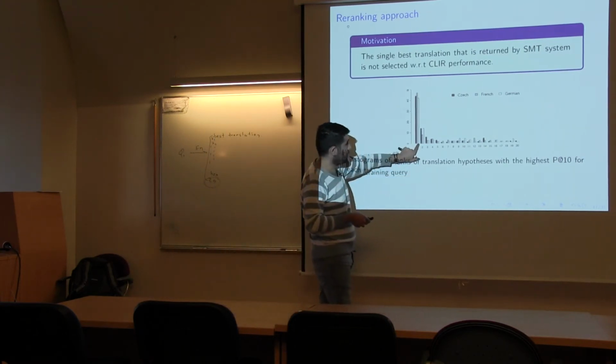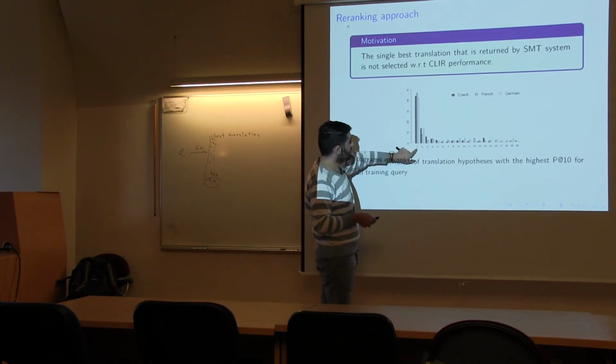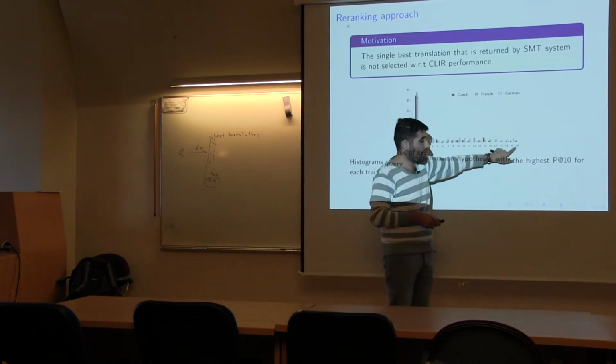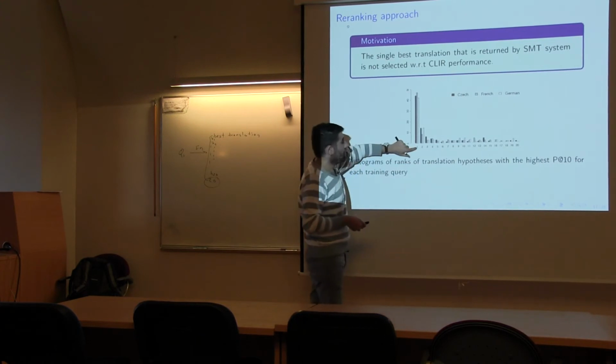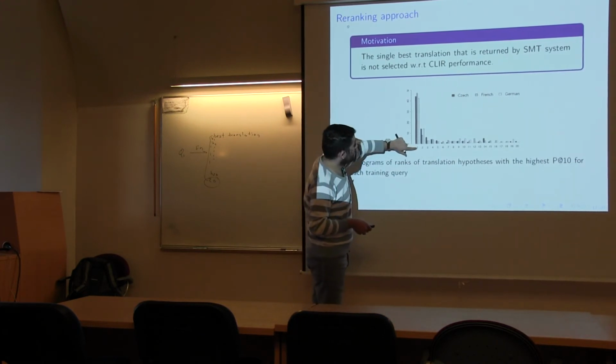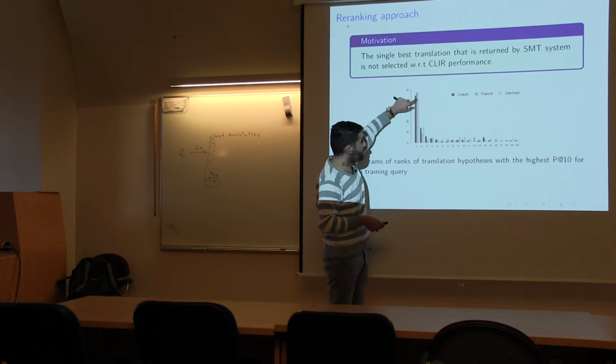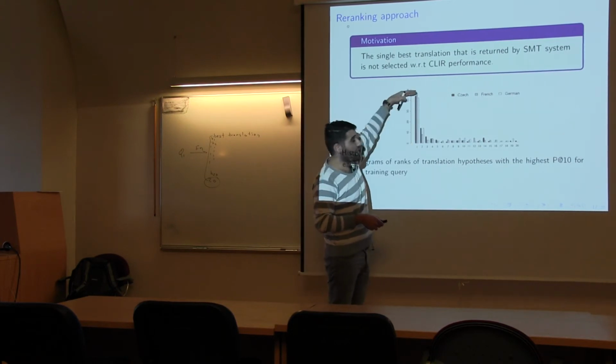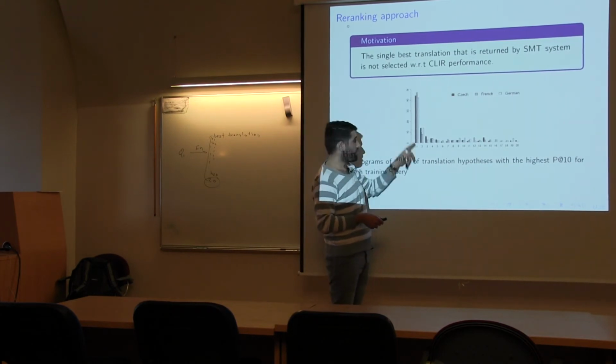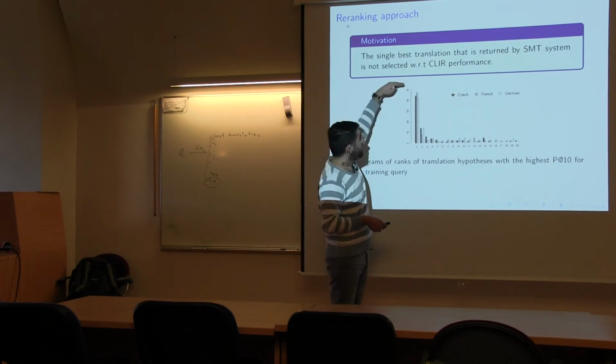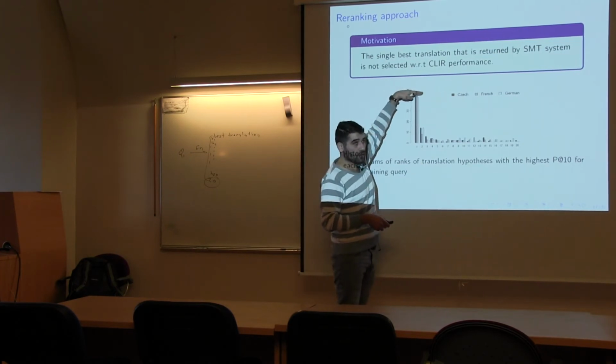As you can see here, we have 3 languages, and these are the ranks for the queries. Like here, it means the number of queries that gave the highest P at 10 by using this rank. So we have here 50 queries.